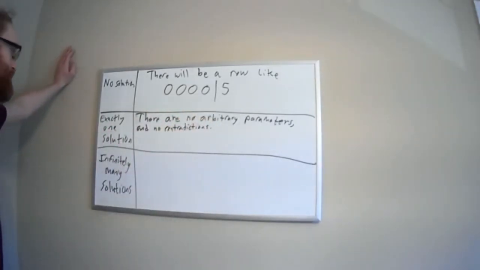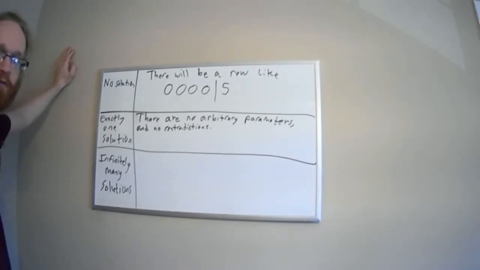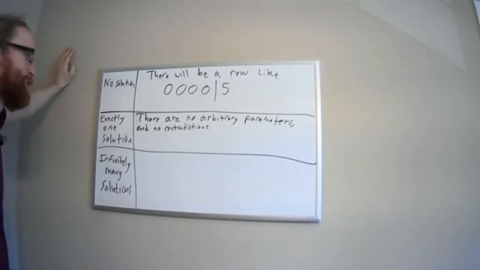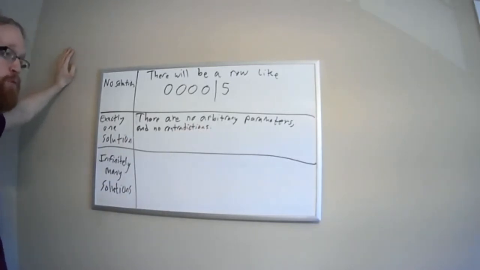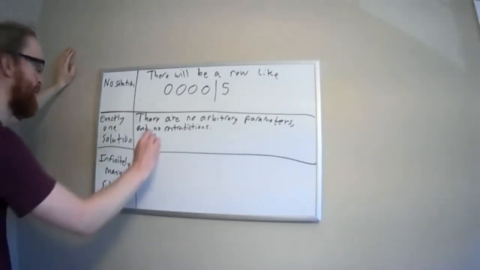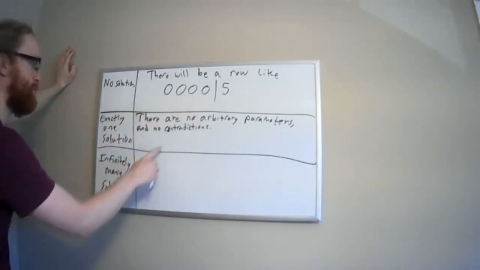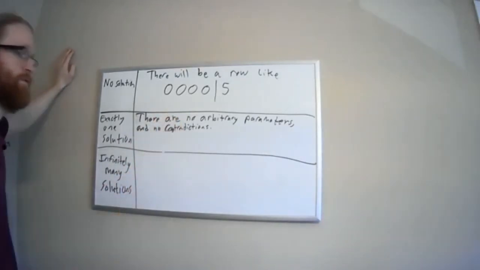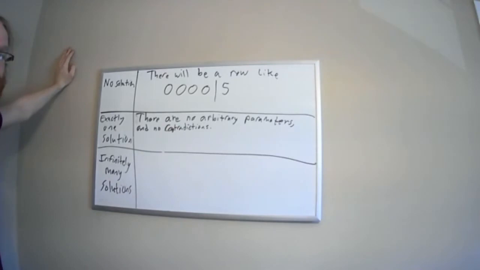So there's exactly one solution if there are no arbitrary parameters, and I didn't have a contradiction or something. And maybe this already covers this, but I'll just be really careful and say that. So no arbitrary parameters, meaning there's a leading one in every column, and there's no contradiction at all. So I don't have any weird rows like this popping up. So I think that should cover exactly one solution.